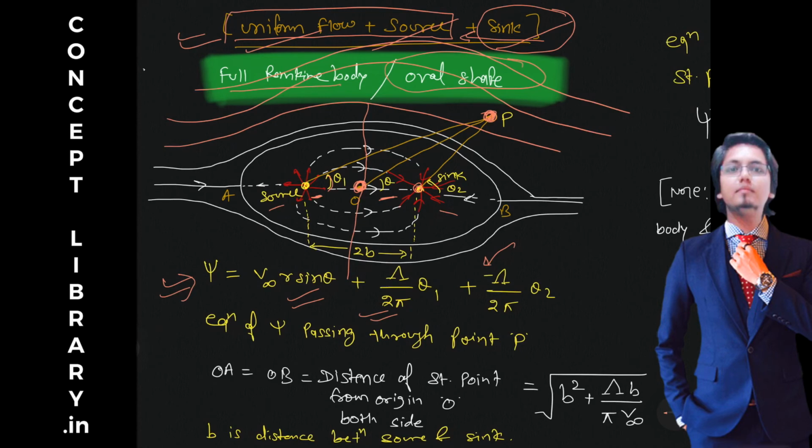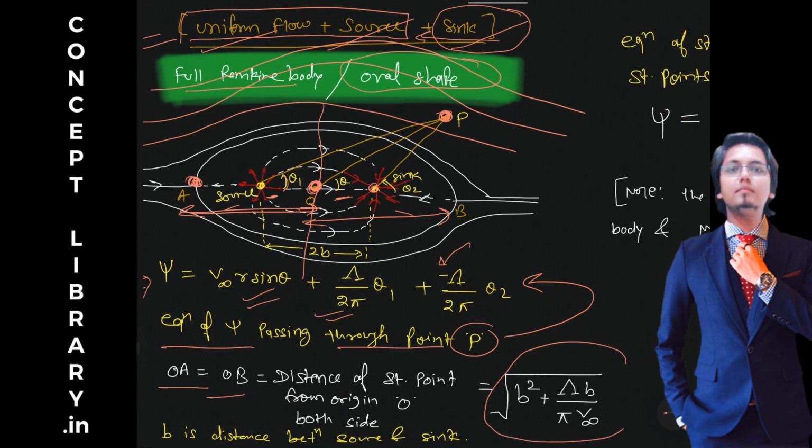Okay, so the equation of psi passing through point P will be given here, and you can remember it, because it is a revision type video, so we have to find out OA equal to OB. This is our A, the first stagnation point, and this is our O. So this length, the second stagnation point, is B square by lambda.